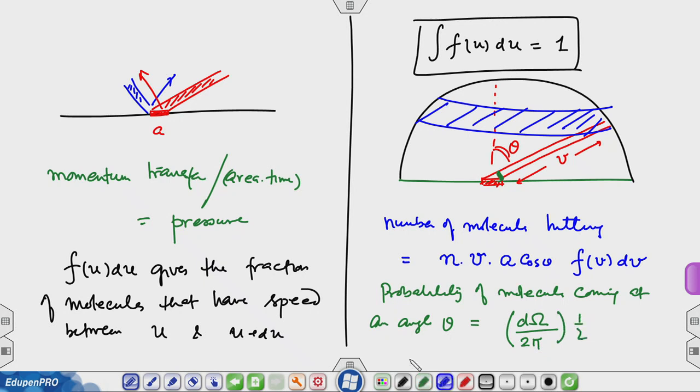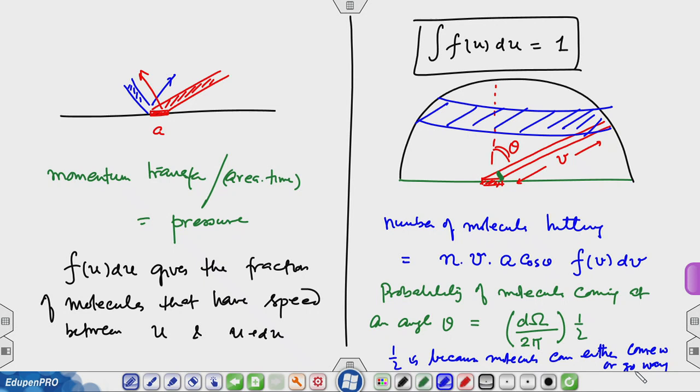This half is because molecules can either come in or go away.